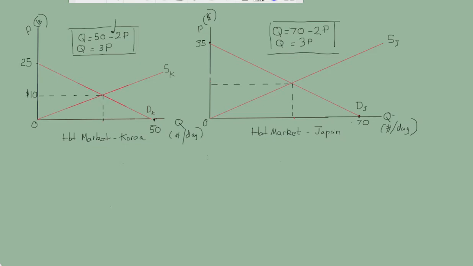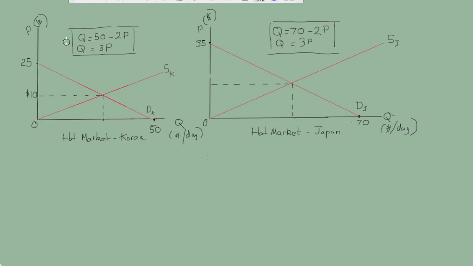And then the next thing I'll do is just remind you, because I know you know how to do this, how to plot these linear expressions. The easiest thing to do is to set the variables equal to 0 and solve for the other variable. So in the case of the demand curve in Korea, when p equals 0, this term becomes 0, so we have q equals 50, so that's one point on the Korean demand curve.